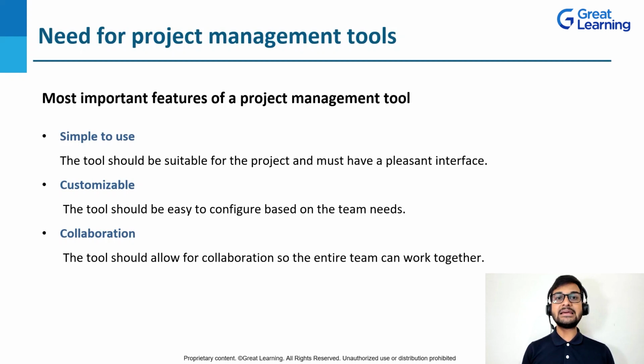It should not increase the complexity of the project. When we have a particular tool, it should be very, very simple to use. Once you go to that particular tool, you should understand what is where and how to use it. The interface should be very pleasant and easy to understand for each and everyone who's involved in that particular project. So that is point number one.